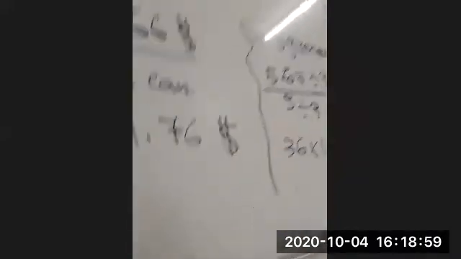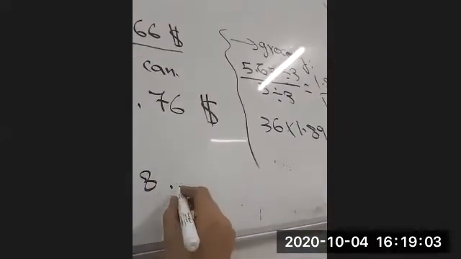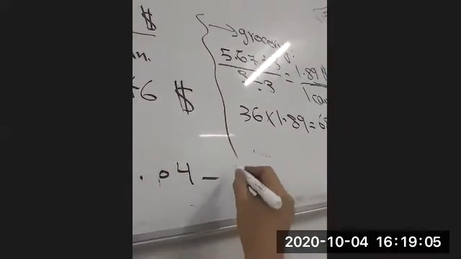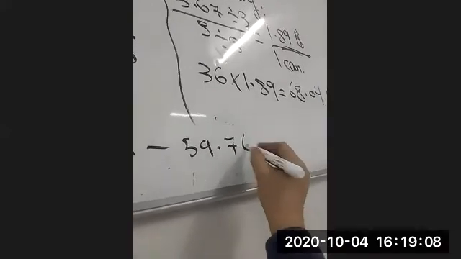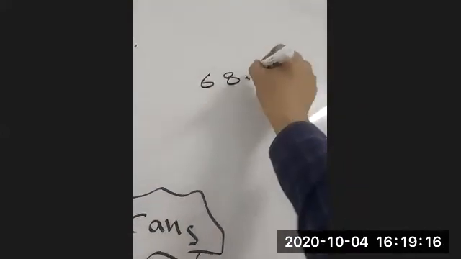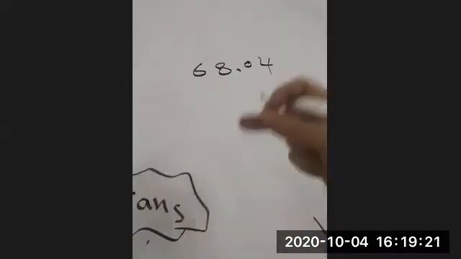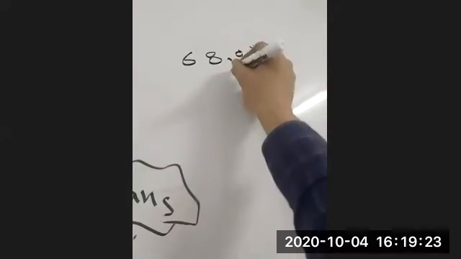So here, 68.04 minus 59.76 equals. We make normal subtraction. I'll subtract them here. 68.04. And if you remember in grade 5, the most important thing in adding and subtracting decimals is to align correctly.